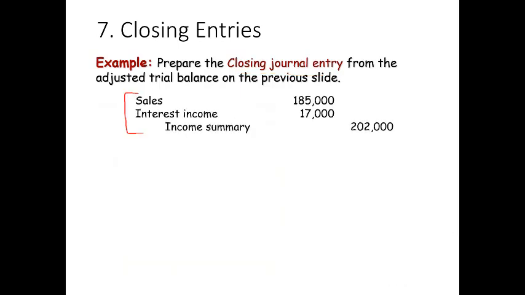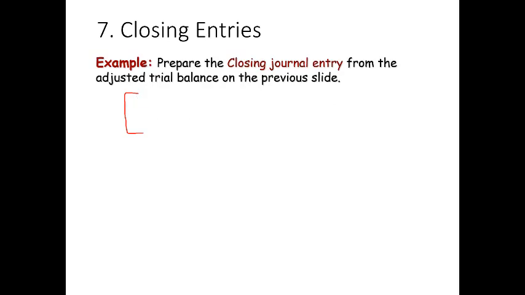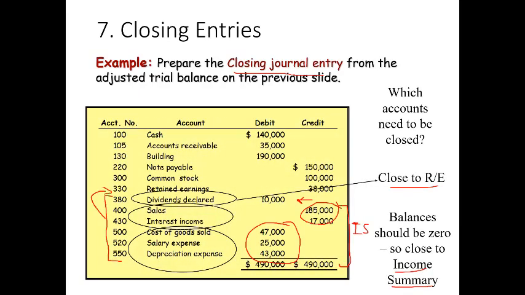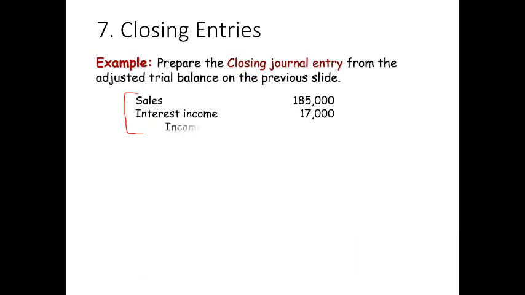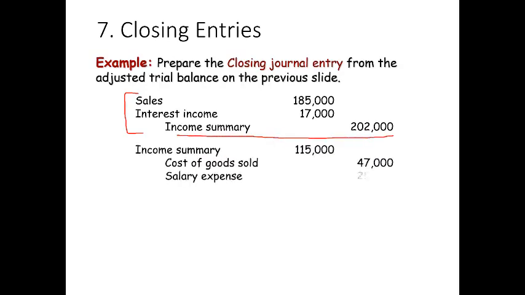So again, by debiting sales for $185,000, it offsets the credit balance of $185,000 in sales. So it ends up being zero. All right, so we take care of the revenues, then we take care of the expenses here. Close them both to income summary. This is just an account that you can use to check your net income.